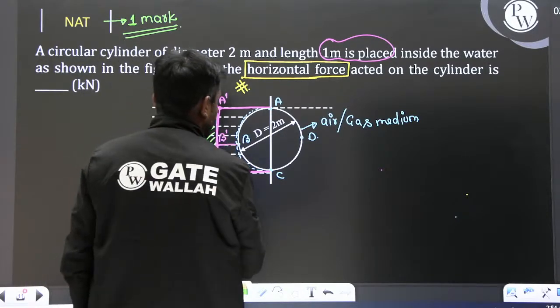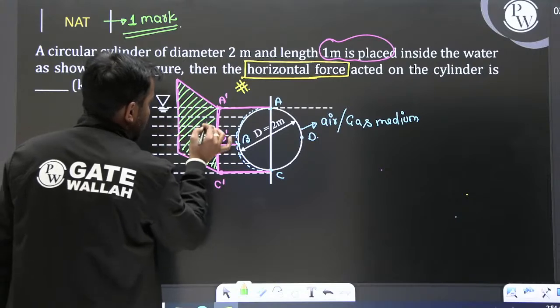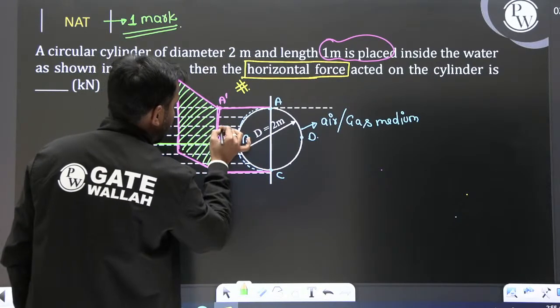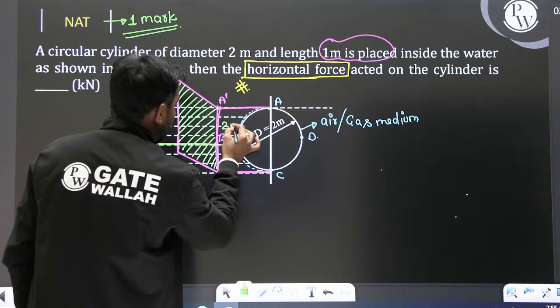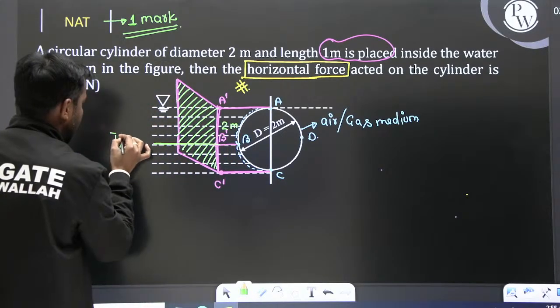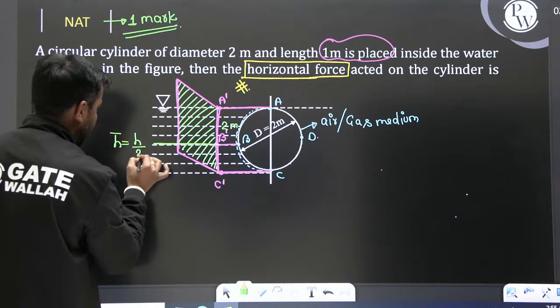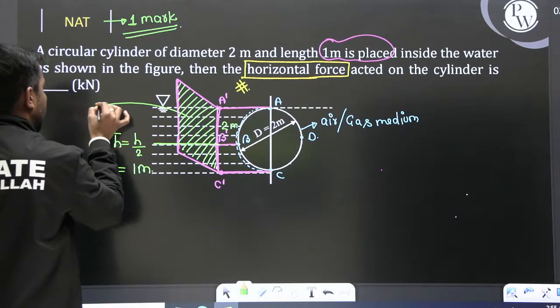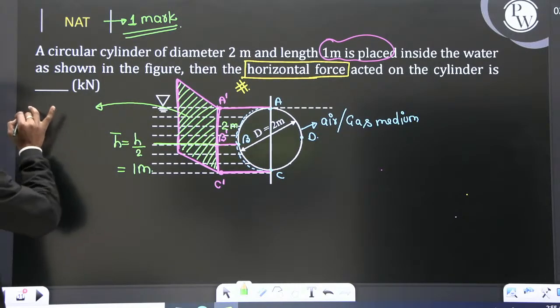Now the length of this plane, the diameter, is given as 2 meters. The h bar should be at half of the distance.